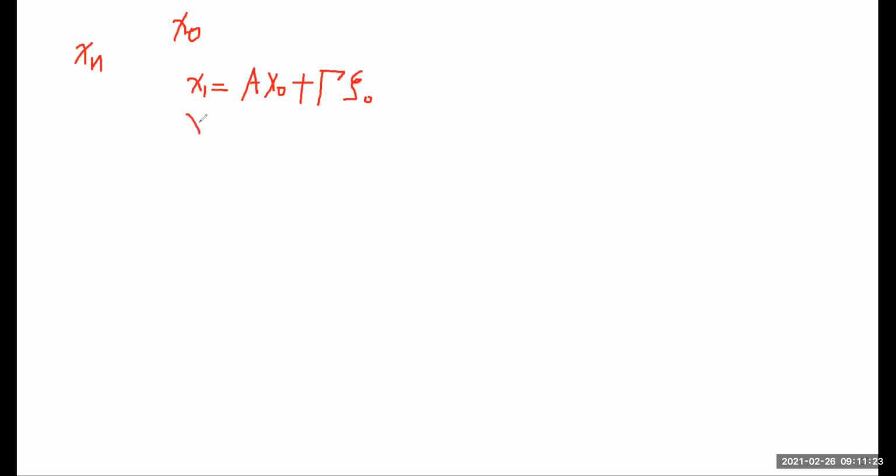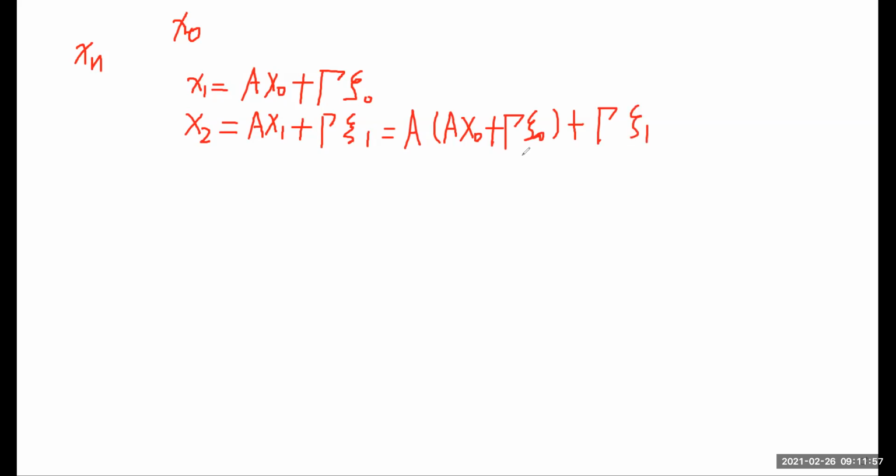We continue: x2 is A x1 plus gamma c1. Replacing x1 by this expression, x2 is A squared x0 plus A gamma c0 plus gamma c1. We can continue.